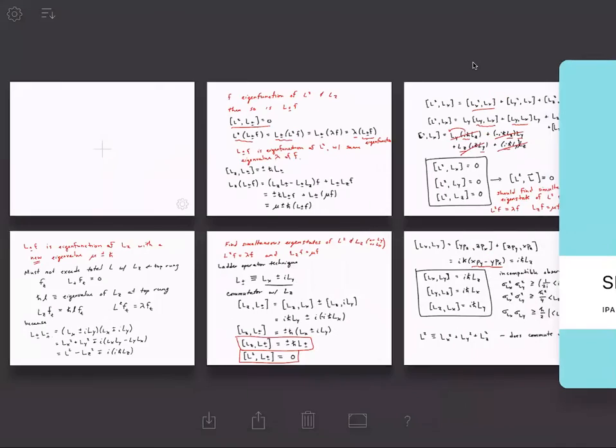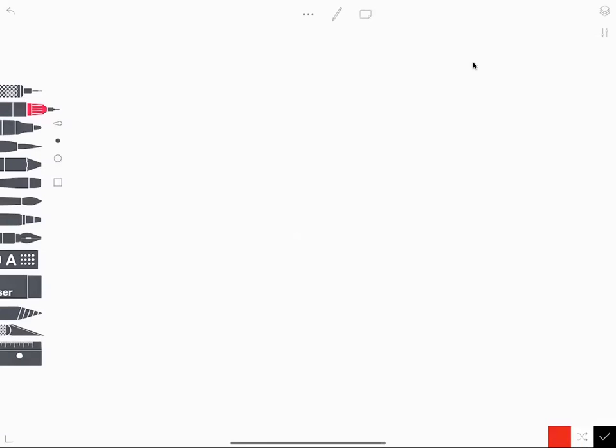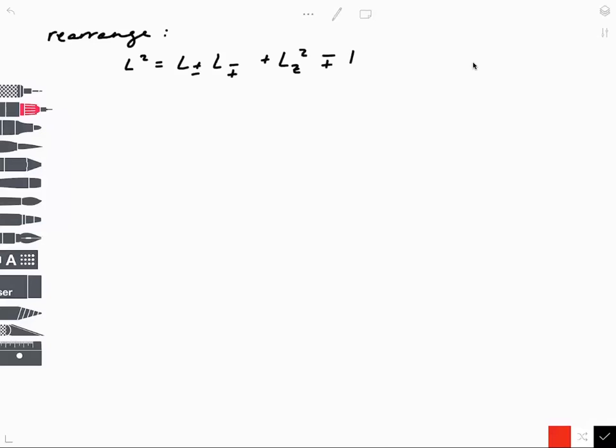So if we take this and we rearrange, we're going to get that the angular momentum squared can be written as raising and then lowering, or lowering and then raising, plus our z component squared minus or plus h bar times our z component.